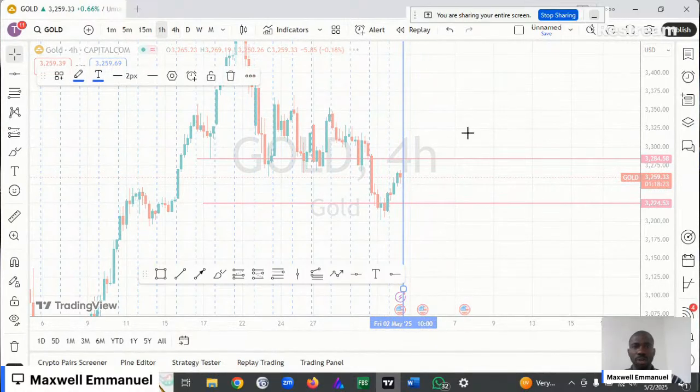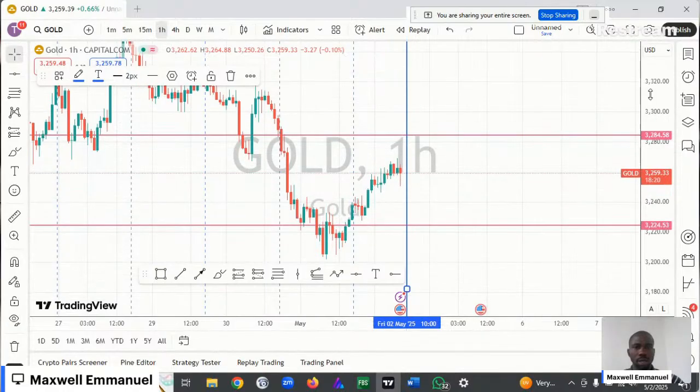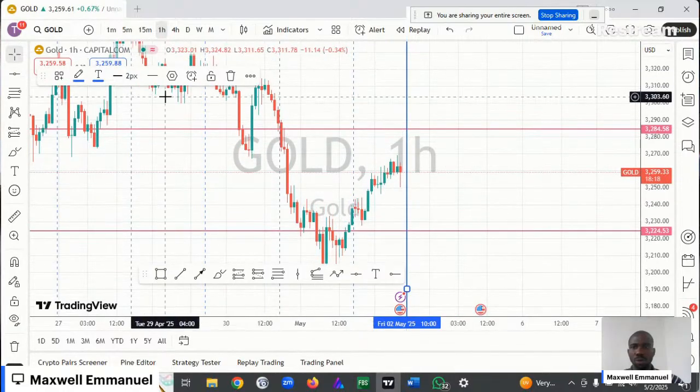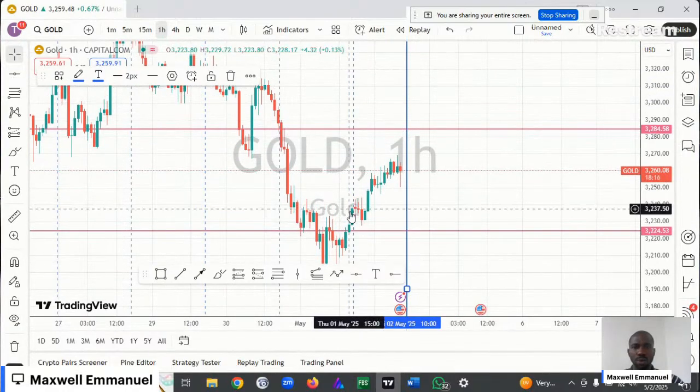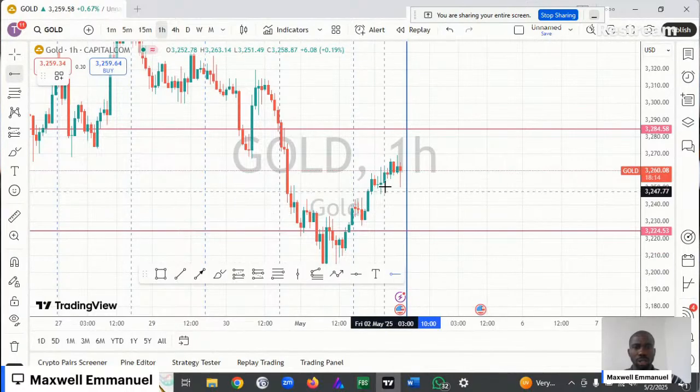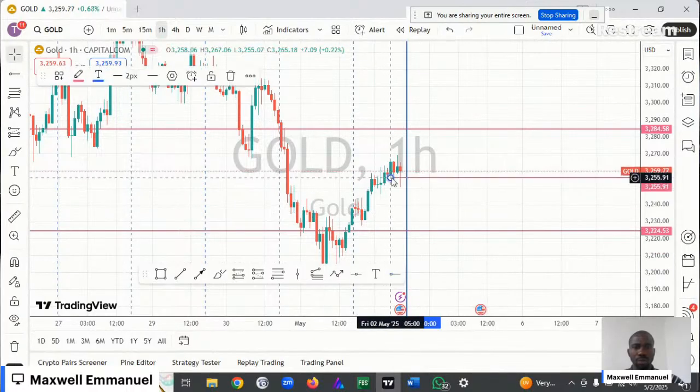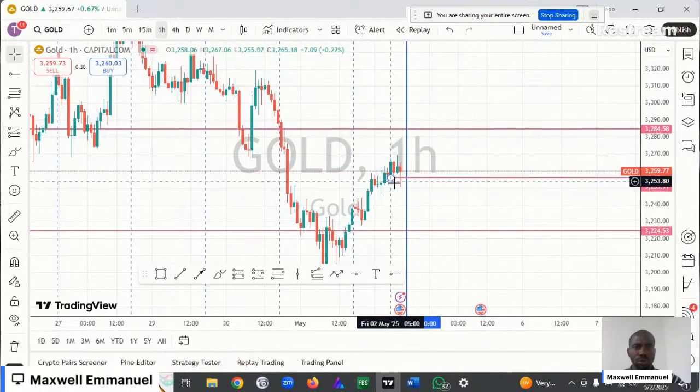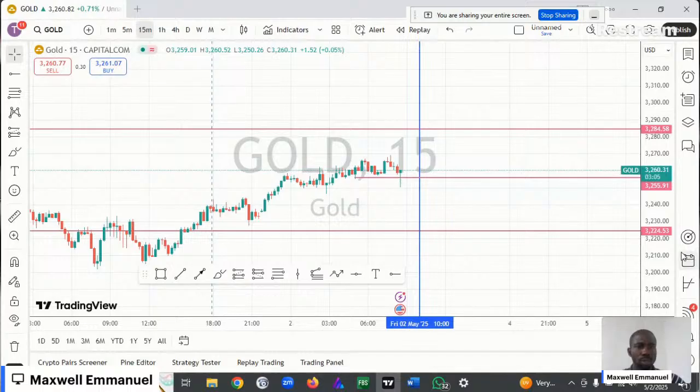Let's see what we have on the 1 hour. You could look for sales below. If a 1 hour candle closes below the low of this candle, you could look for sales on gold.